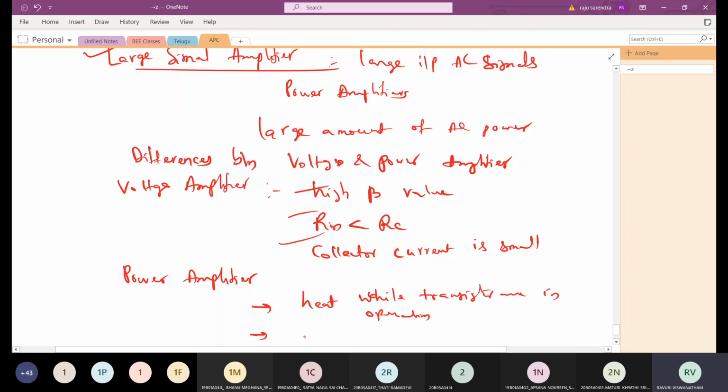And the base of the transistor is thicker.